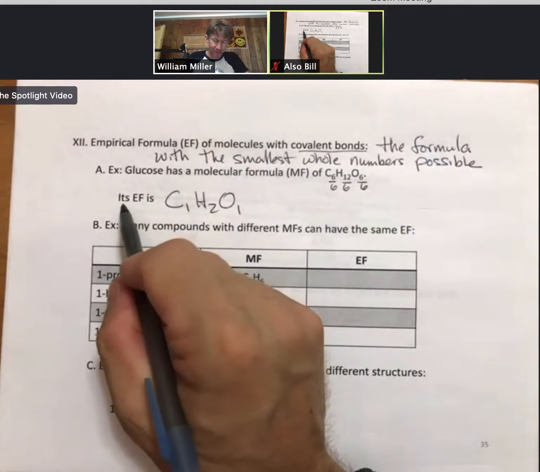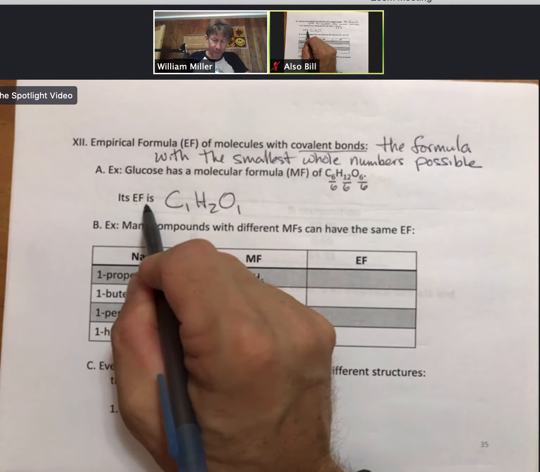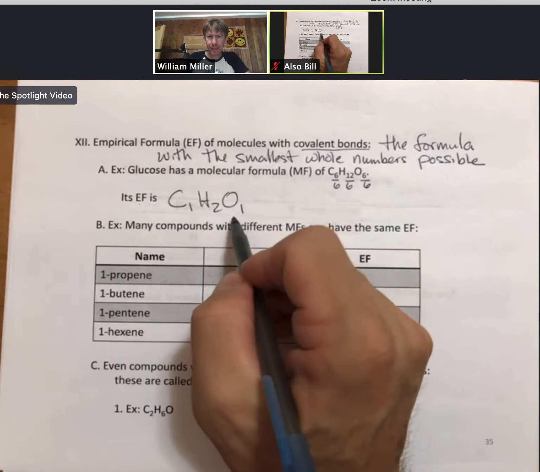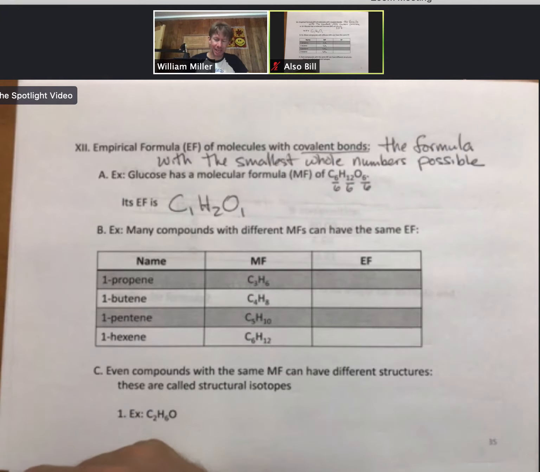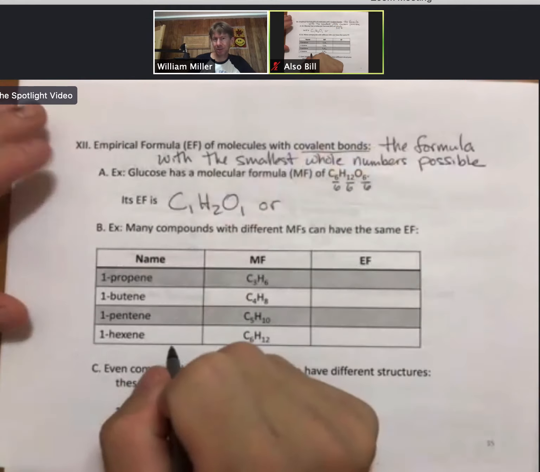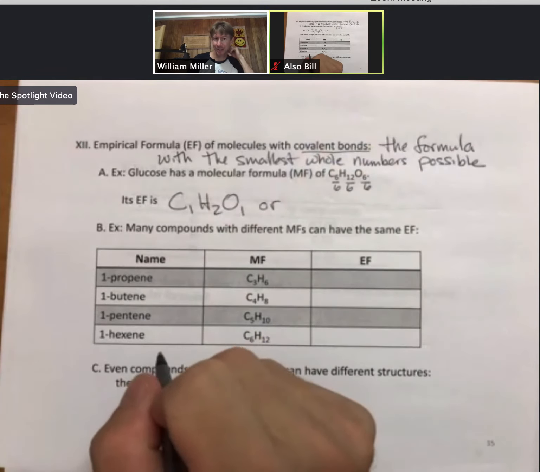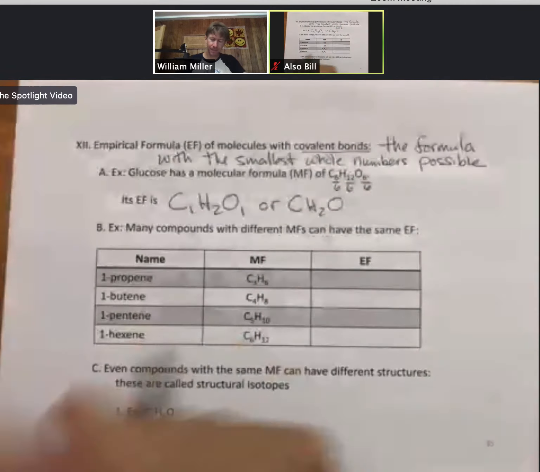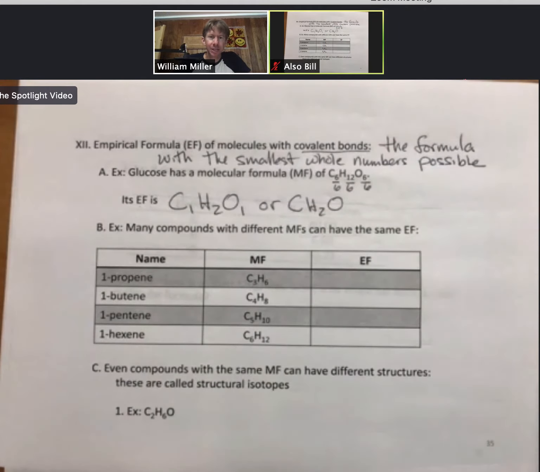Its empirical formula is C1H2O1. You don't need the ones. The only reason to have the ones there is just so you know what the number is. But you can also write CH2O. Hopefully that makes sense, because ones are often placeholders to let you know that a number's there.